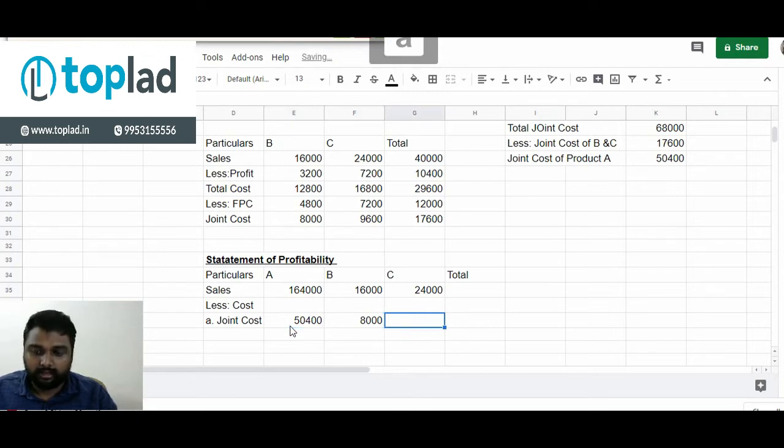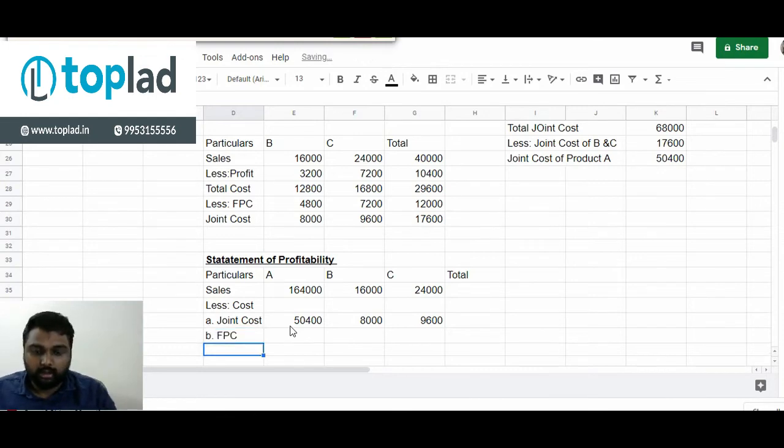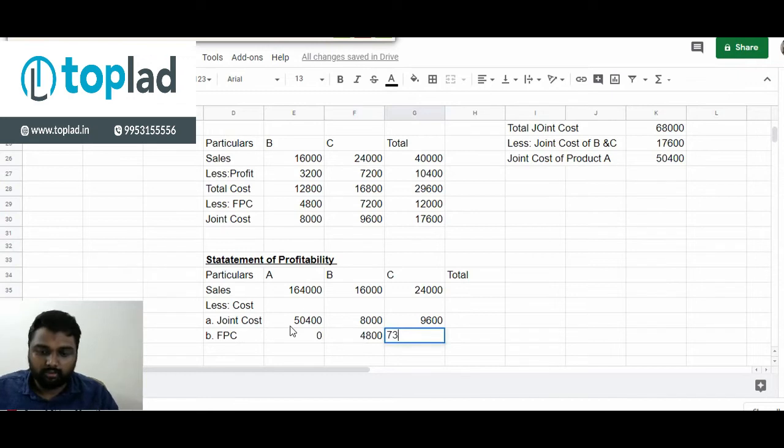C, it is 9,600. Now after the joint cost, what will come next? Further process cost. For A, further process cost is 0. For B and C, further process cost is there, 4,800 and 7,200.